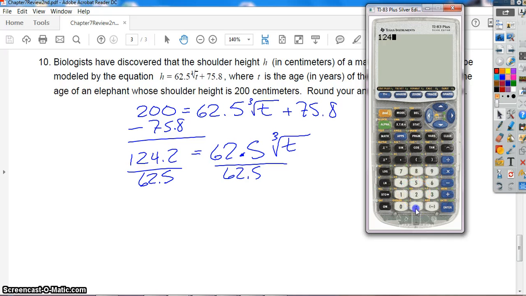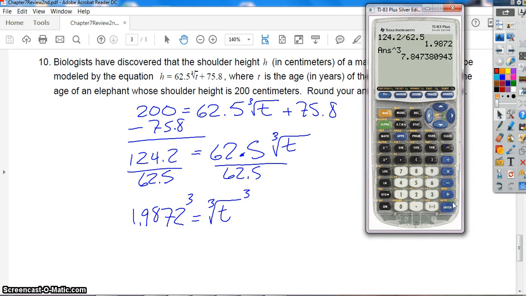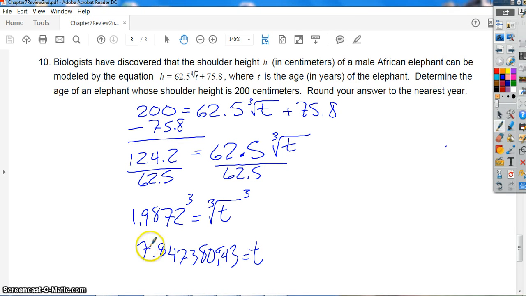So I got 124.2 divided by 62.5. Now I have to raise this to the third. So you're looking at 7.847380943 for t. And when you round that to the nearest year, you would be 8 years old.